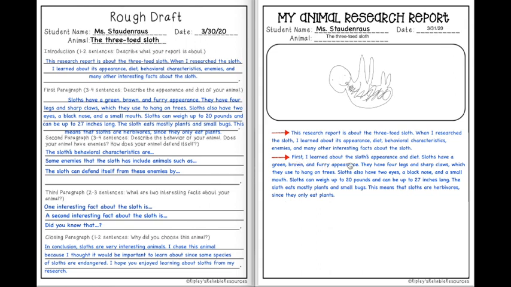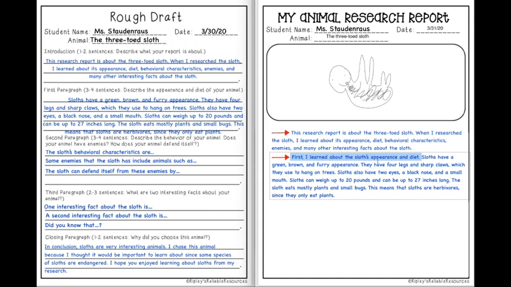First, I learned about the sloth's appearance and diet. Okay, so I already can stop there and see that that is different from what's in my rough draft. This sentence is very important because it tells you what this particular paragraph is going to be about, right? So we talked about all the categories that the entire paper is going to have, but in the first sentence of my first paragraph, I'm going to use the word first, comma, because it's a transition word.